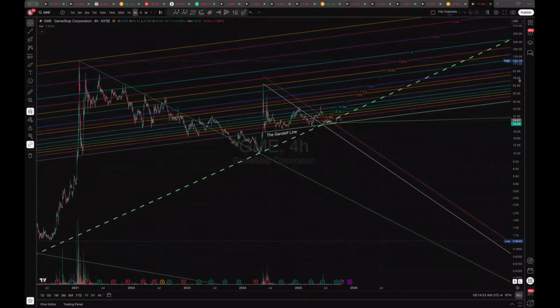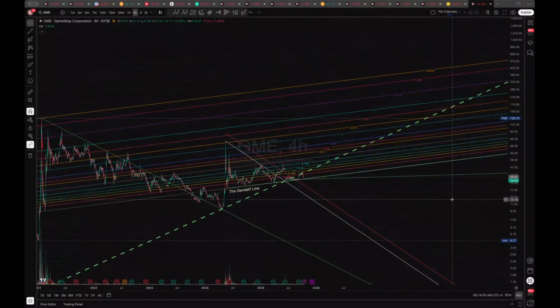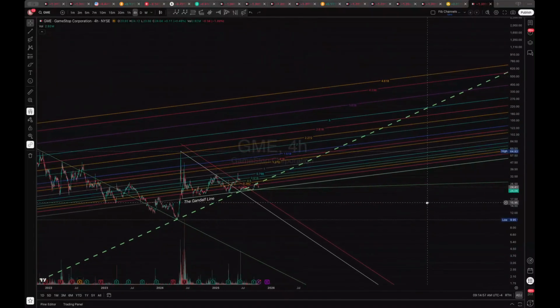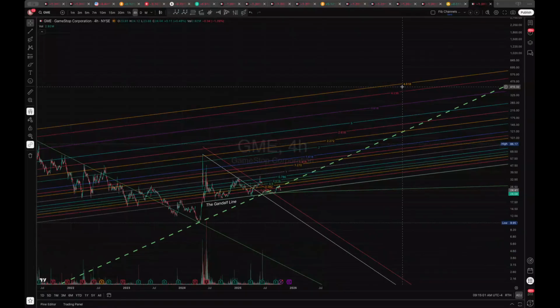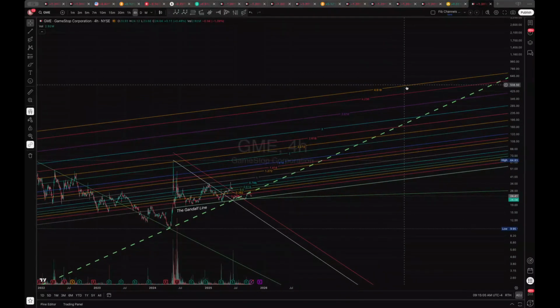But if you really want to get curious, you could extrapolate and follow where that 4.618 line goes, depending on where the next rip comes.